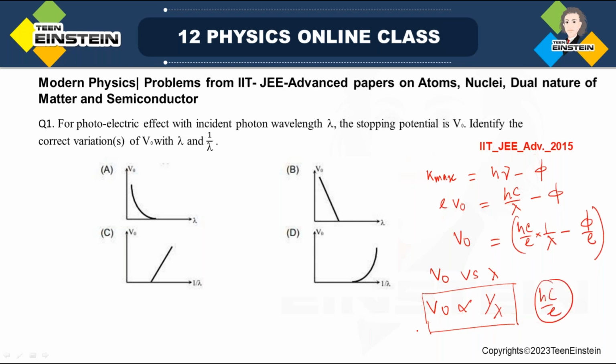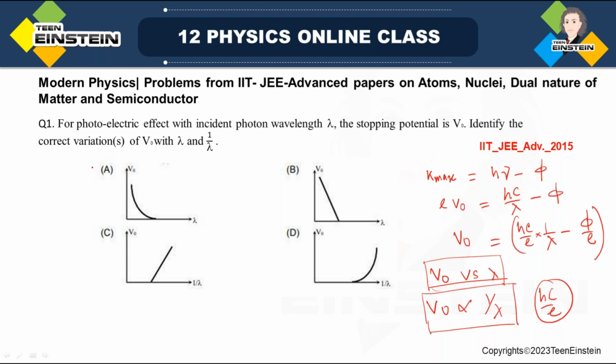This is a constant, or the slope. So if we plot only V0 versus lambda, it is going to be a hyperbolic curve. It is not a linear curve.